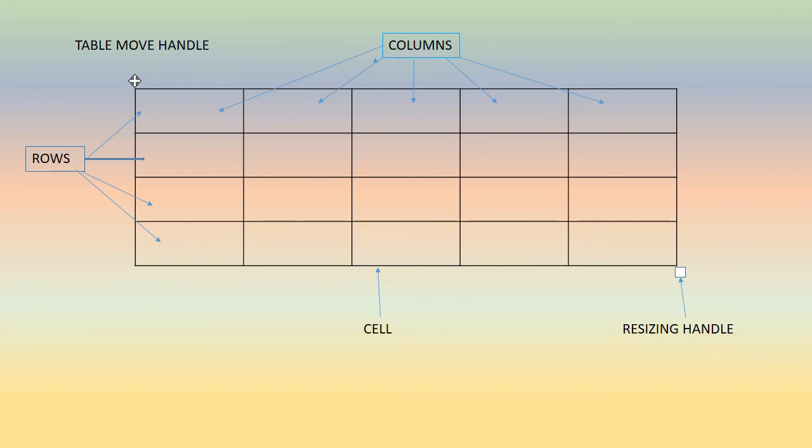In that cell you will see the blinking straight line, that is known as cursor. These are the parts of table, and this was the first way how you can create the table, by using table menu. Next day we will see how can we create the table by using insert table button.